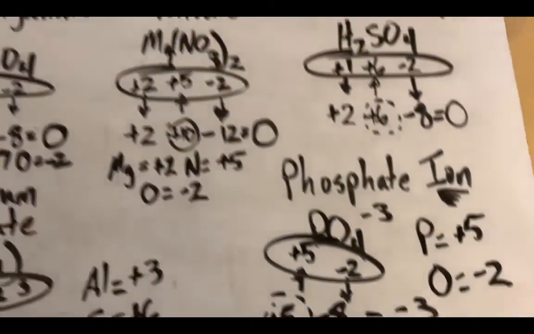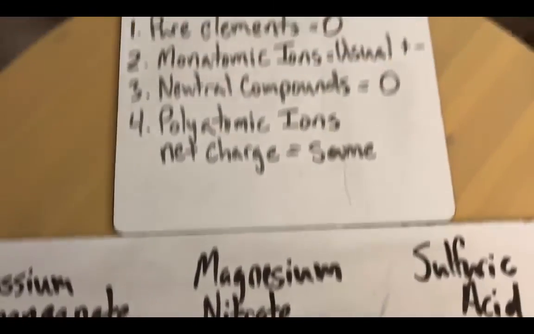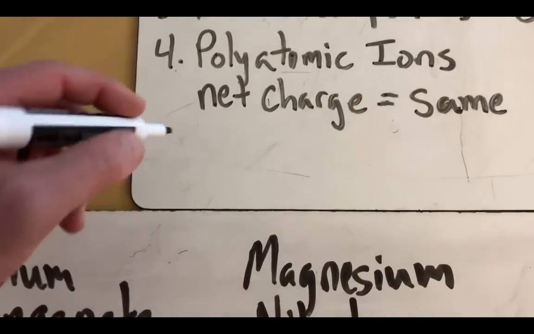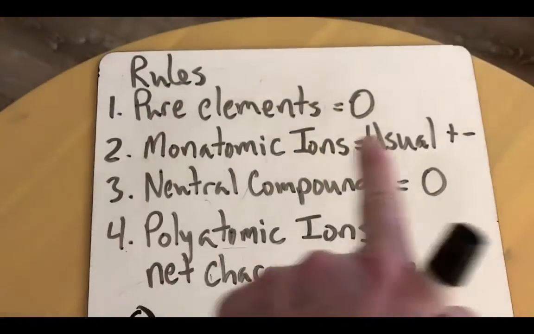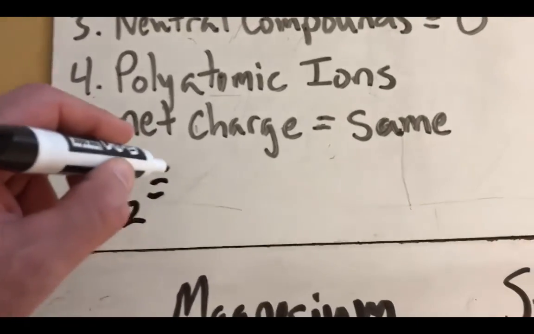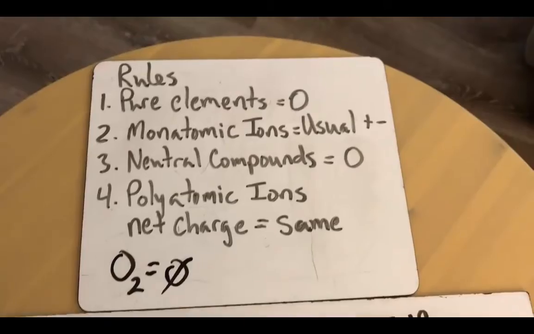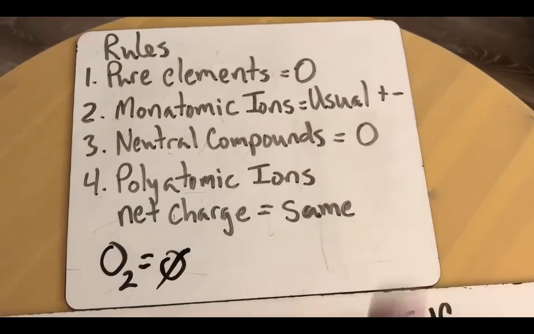The one thing that I didn't really show you is if we had a pure element. So let's say we had something like oxygen by itself. It is a pure element, so its oxidation number value would be 0. And then all of our monoatomic ions are their usual plus or minus charge.